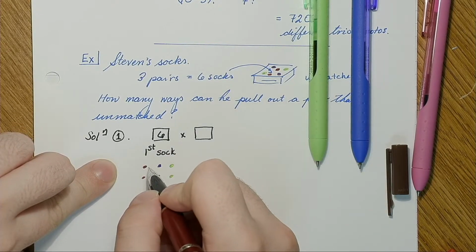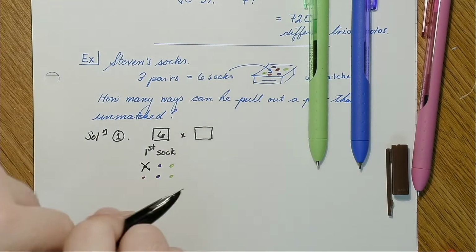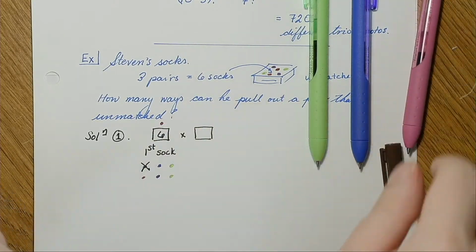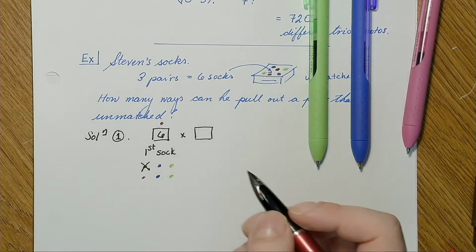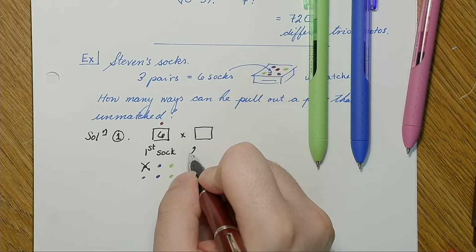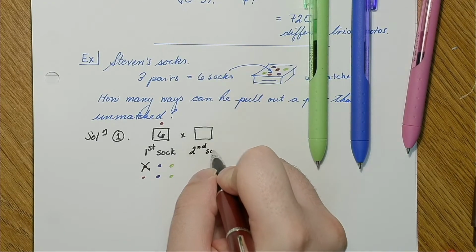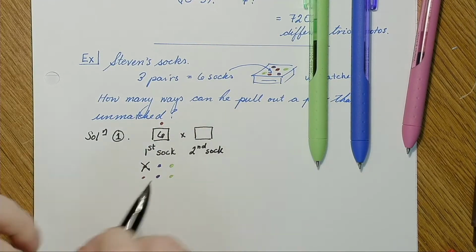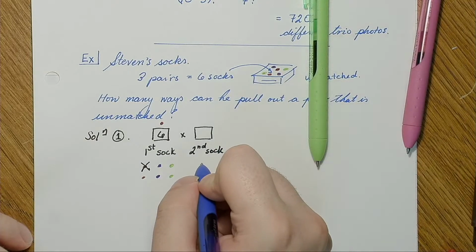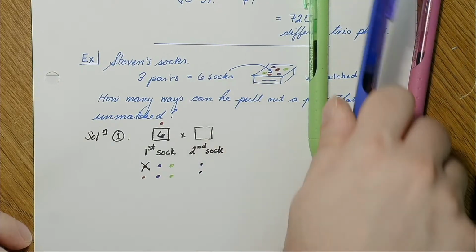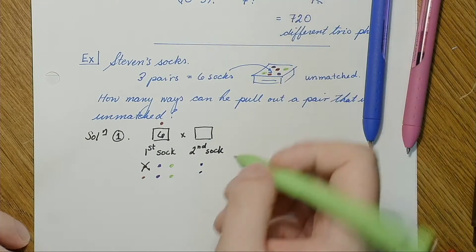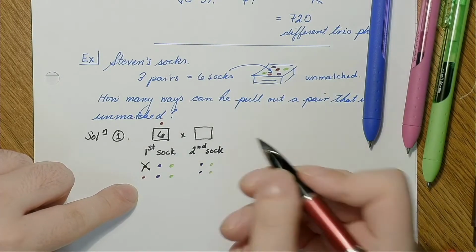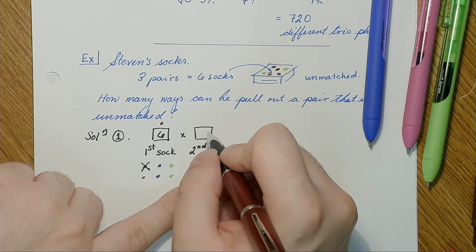Let's say he picks this one, a purple or whatever this color is. Then that means for the second sock, for it to be unmatched, it needs to be any of these. So he can pick out a blue, 2 of the blue, or he could pick out 2 of the green. But he doesn't want to pick out that purple one, so he's left with 4.